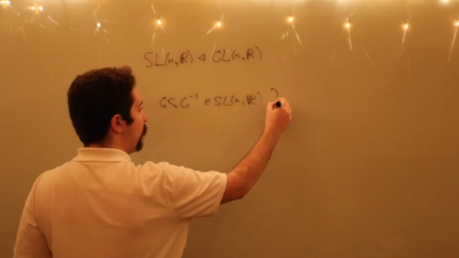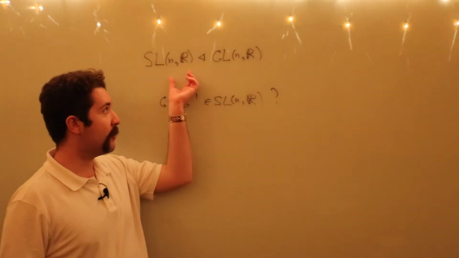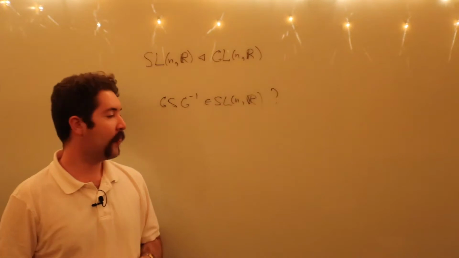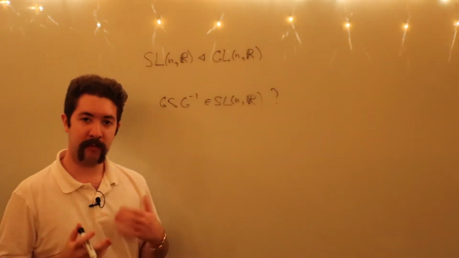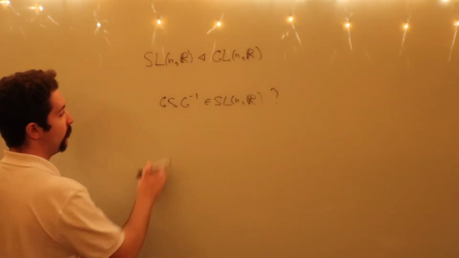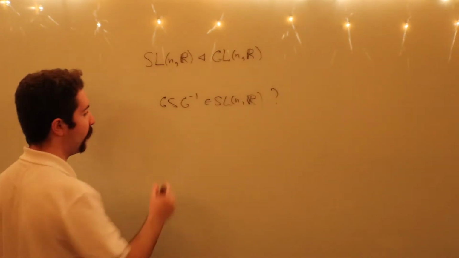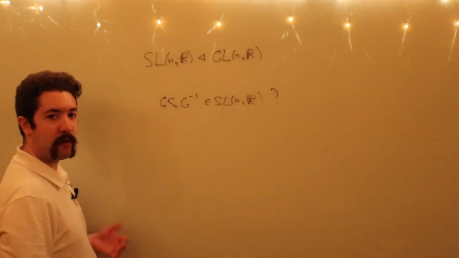And you'll recall the special linear group is those subset of those matrices in GL which have exactly determinant positive 1. All right, so if S has this property, then the determinant of S is of course positive 1.